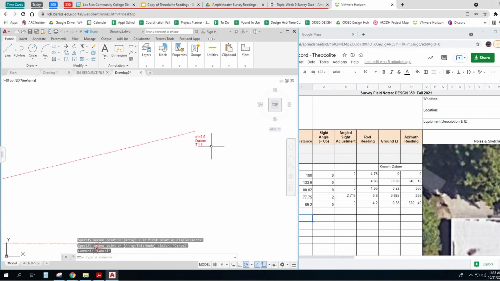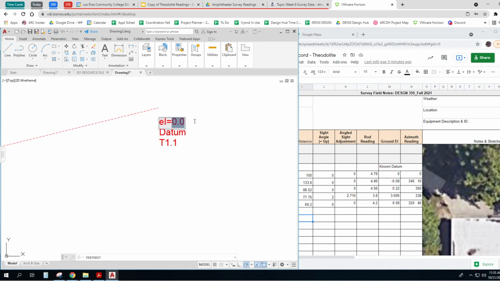And so this is at an elevation of minus 0.08. Can hardly even tell. And that one was T1.2.